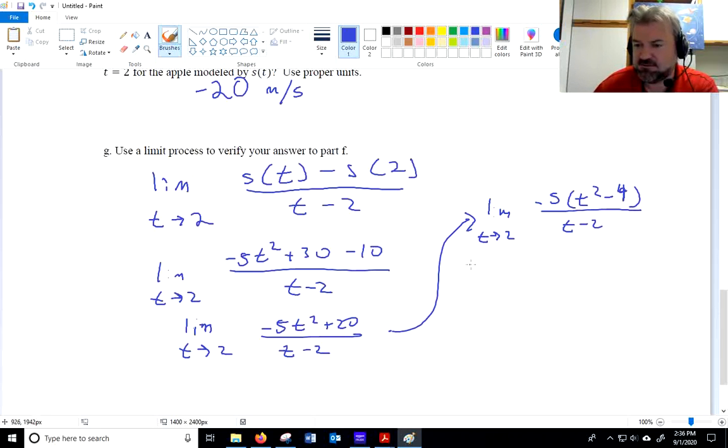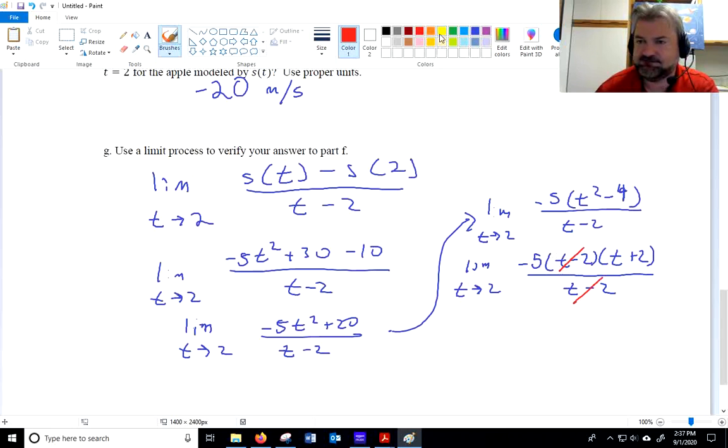Okay? And so then I have the limit as t approaches 2 of negative 5 times t minus 2 times t plus 2 all over t minus 2. That reduces out, and I have the limit as t approaches 2 of negative 5 times t plus 2.